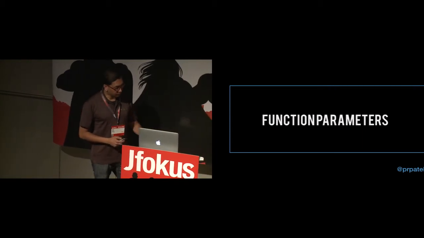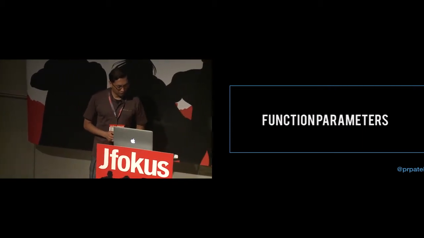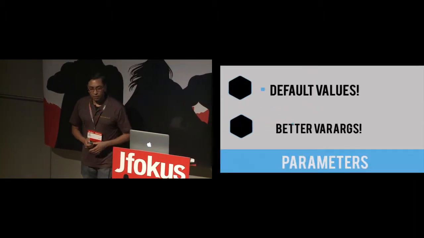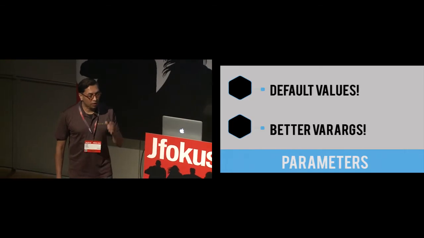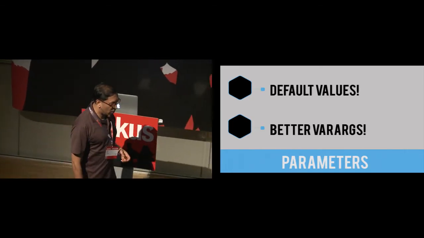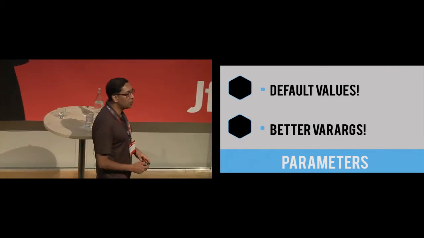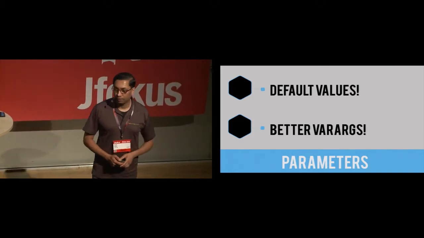All right, so let's continue our tour now and talk some about function parameters. We finally have the ability to do real default values in JavaScript, and we have proper support for var args now. Right, this is excellent. Both these are very useful in day-to-day programming.